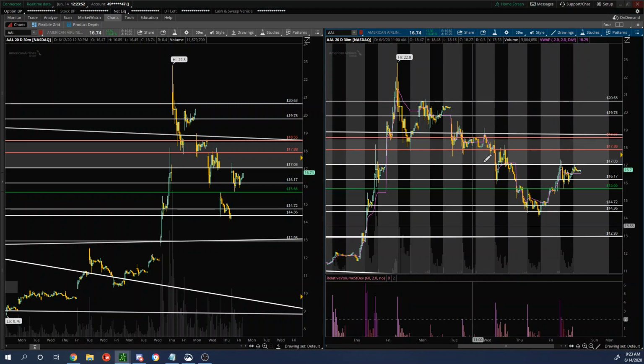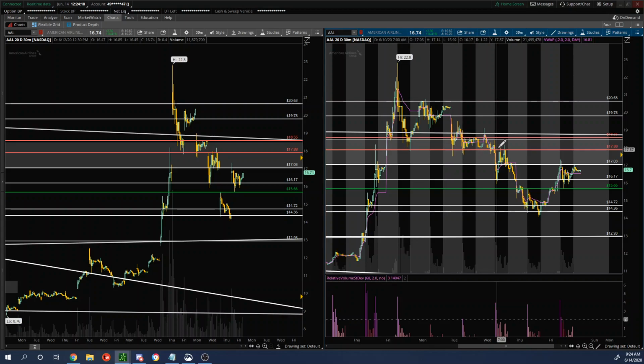This gap down has put a lot of buyers underwater. Look at how much they're buying for about 3 days, right? They're buying around $18, maybe slightly higher, $18.50, but they're buying all around this area.